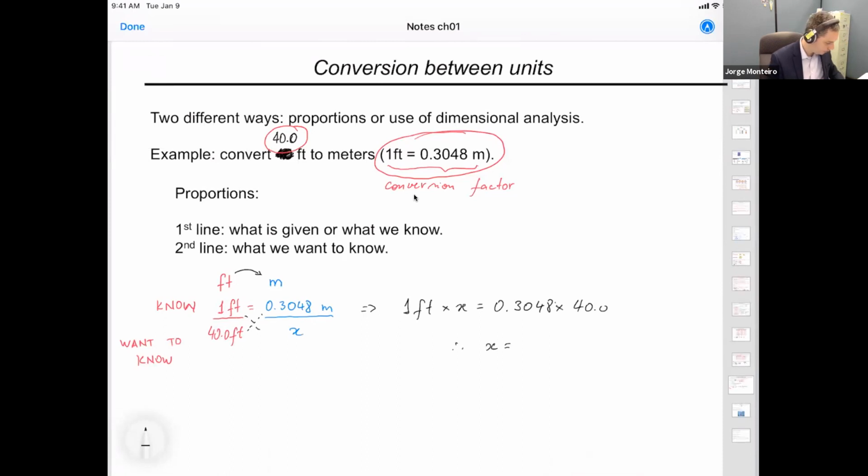Therefore, this conversion here will yield the number, according to my calculator, 12.192.